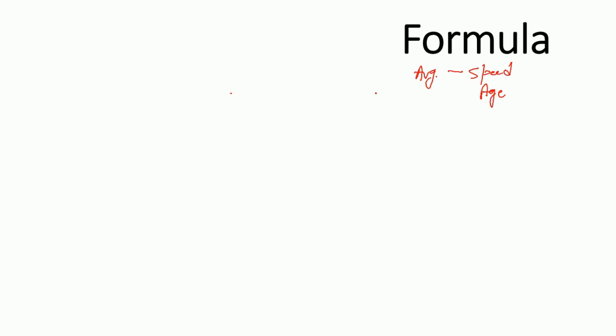Now normally the first thing, if we want to talk about average, the question is what is average? Average means the sum of observations divided by the number of observations. That's what average is all about.